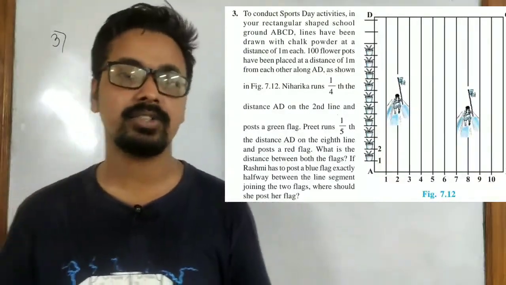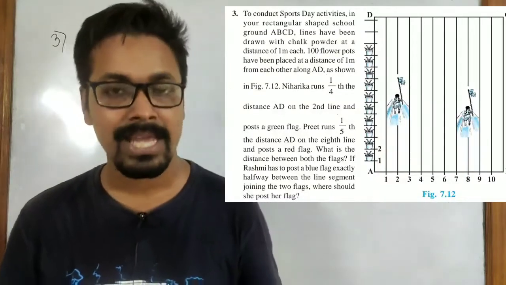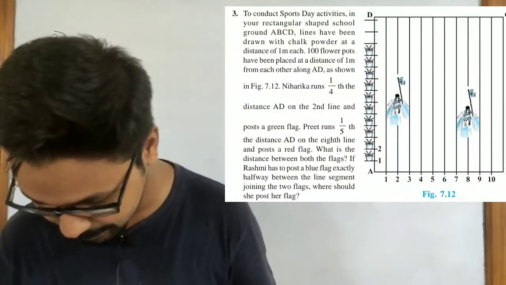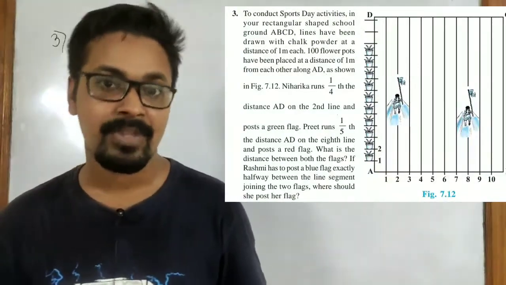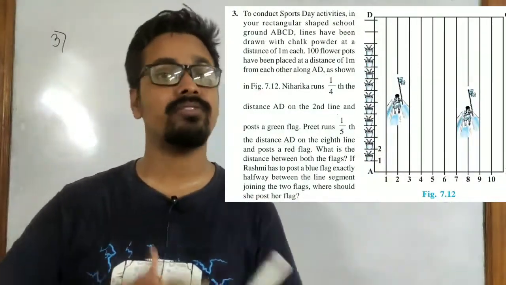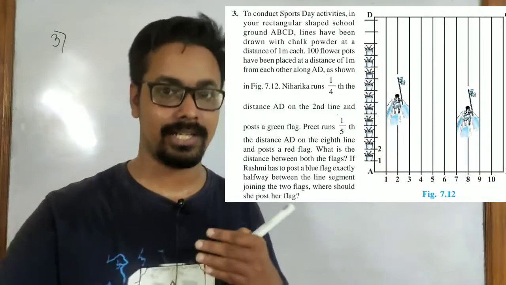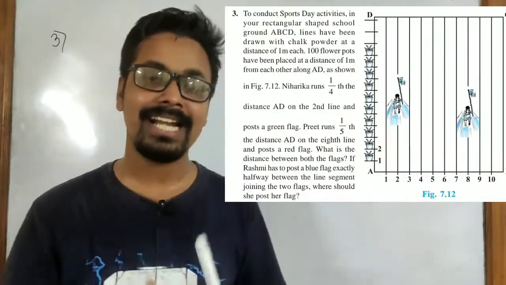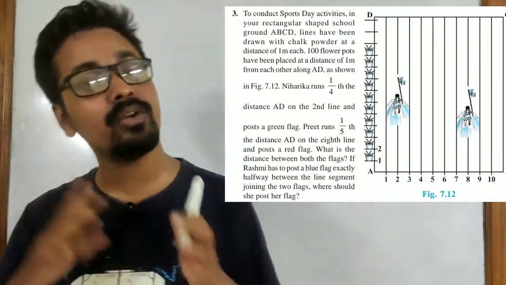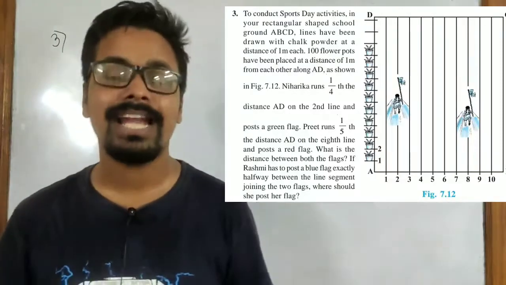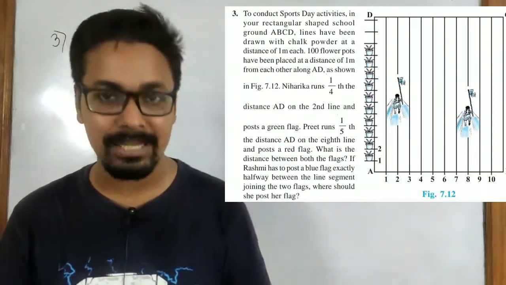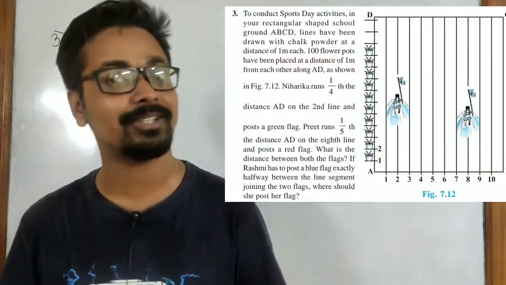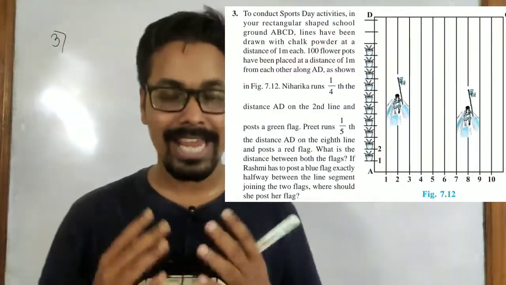So Nihadika runs 1/4 of the distance, and the other girl is Rashmi. Rashmi runs 1/5 of the distance. So 1/4 of the distance means 1/4 of 100 meters, because there are 100 flower pots. So that means Nihadika has run 25 meters, and in which lane? In the second lane. And Rashmi has run 1/5. 1/5 out of 100 means 20 meters. So Rashmi has run 20 meters on the 8th row or 8th column.